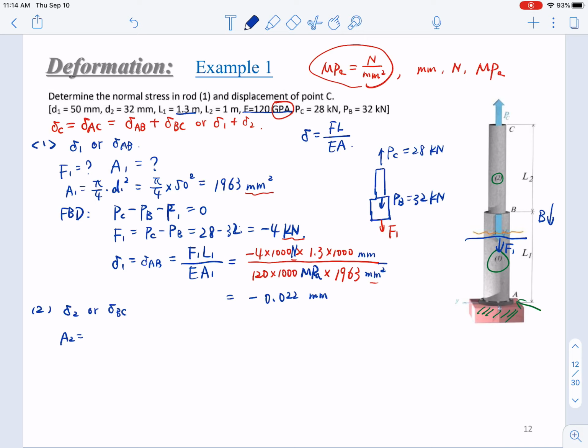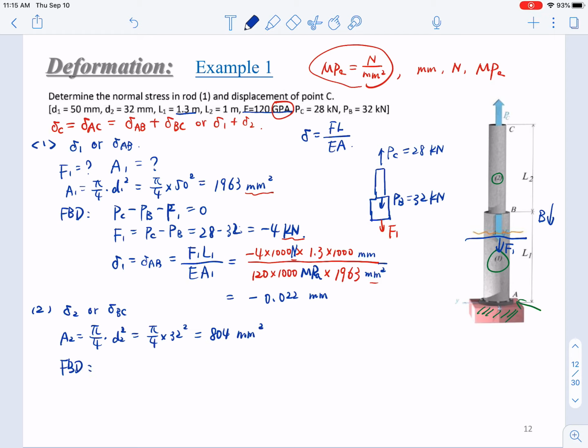D2 has been given, that is 32, right? So it is a pi over 4 times D2 square. It's a pi over 4 times 32 square. We got 804 square millimeter. Again, just a free body diagram. This one is easy, right?